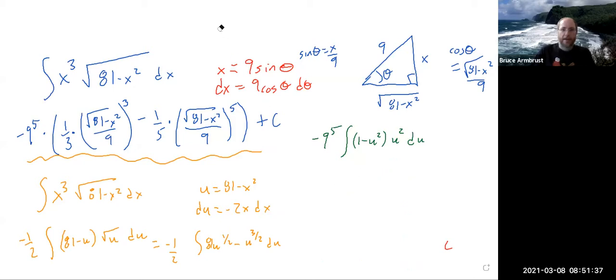Once we do that, we have the minus 1/2. We're going to get 81 times u to the 3/2 over 3/2, so times 2/3, minus u to the 5/2 over 5/2, so 2/5 u to the 5/2, plus C.